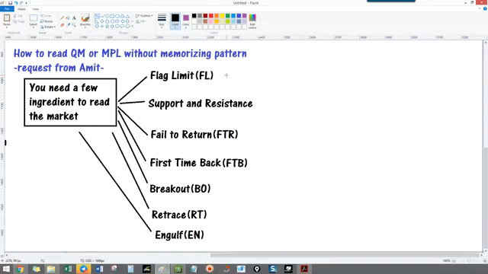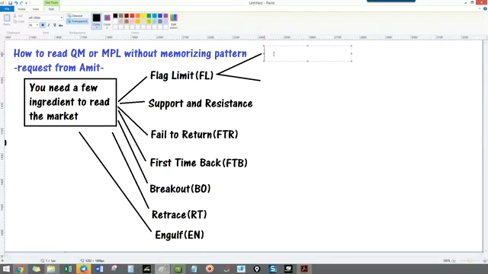Okay, so flat limit, you have two types of flat limit. FL created by the break of SR, support resistance.